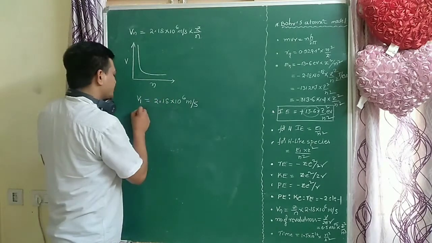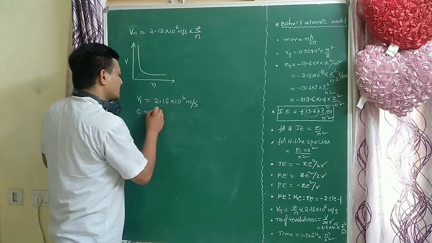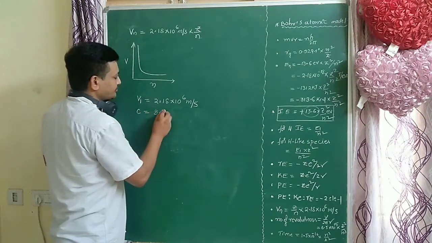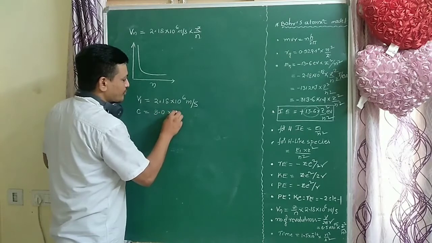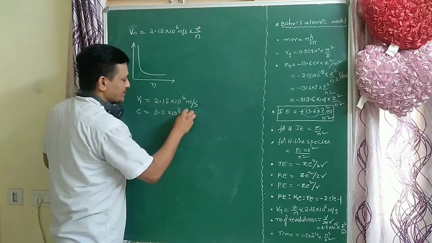We already know that speed of light equals 3.0 into 10 power 8 meter per second.